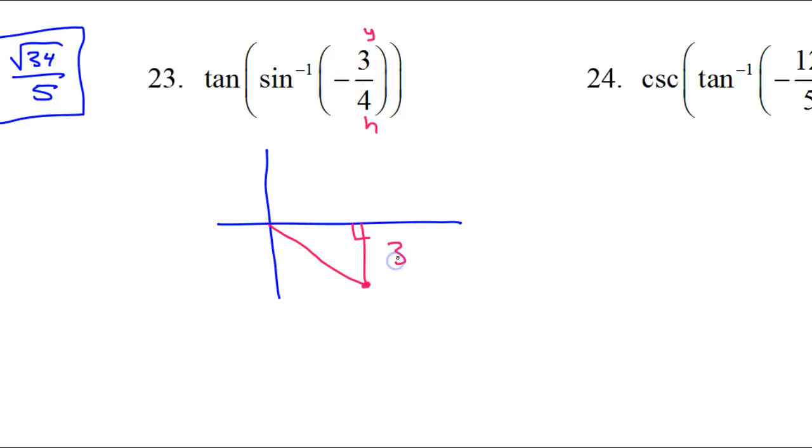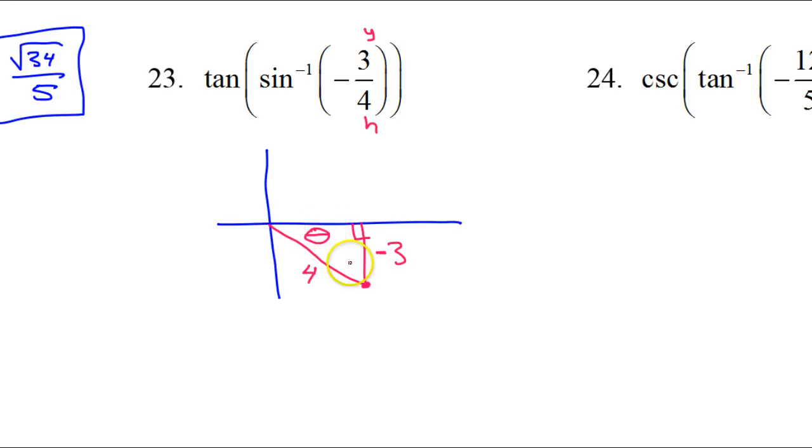But if this is my 3 and this is my 4, okay, that's opposite over hypotenuse. Well, the hypotenuse is never allowed to be negative. And it makes sense that this y value would be negative because it's down. So there's my negative 3/4 right there. Okay, so this is the angle that we are talking about.